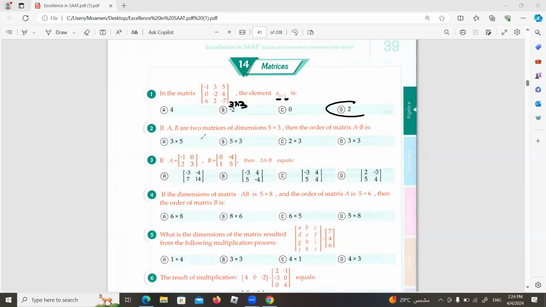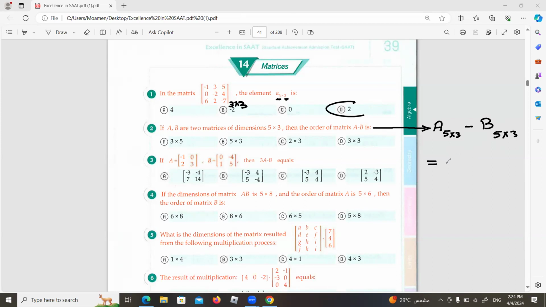A and B are two matrices of dimensions 5 times 3. So what is the order of A minus B? We said that if we need to add or subtract, the two matrices must have the same order, and the result will have the same order also. If matrix A has order 5 times 3 and we subtract matrix B with the same order 5 times 3, we can perform the operation.